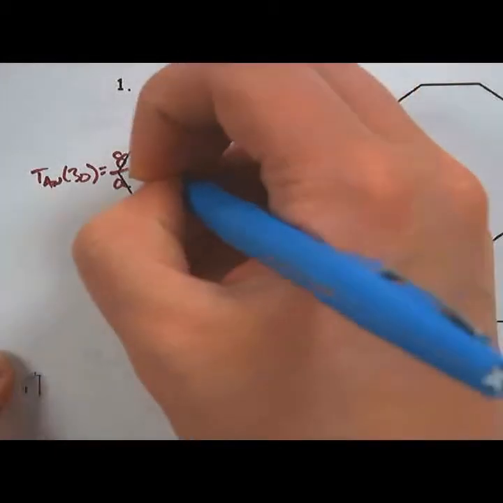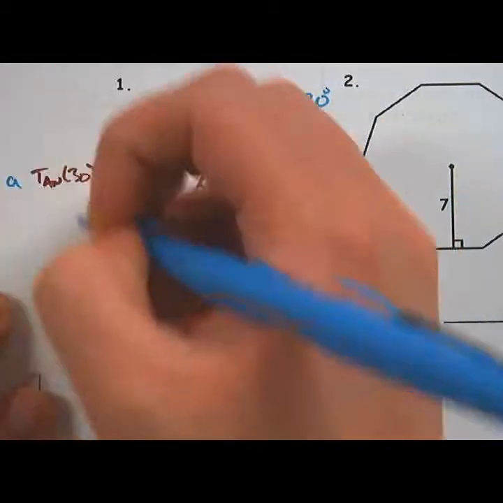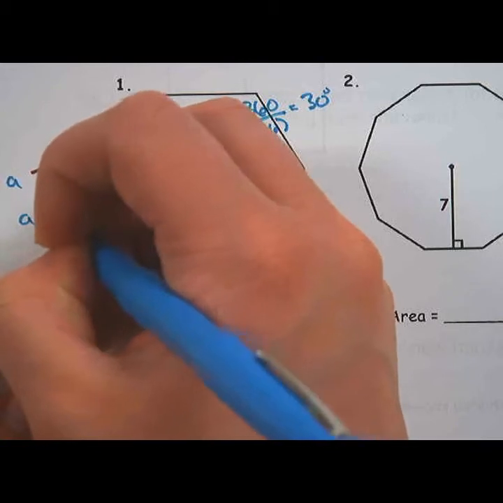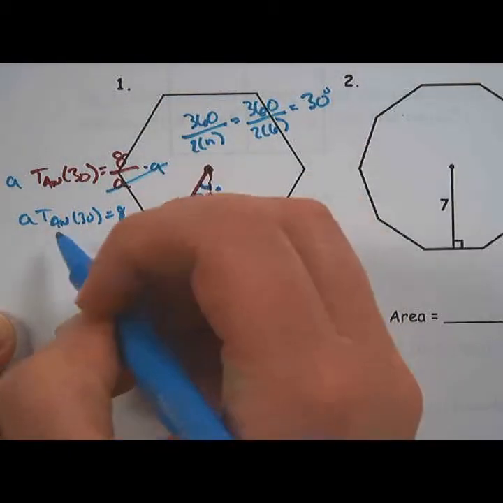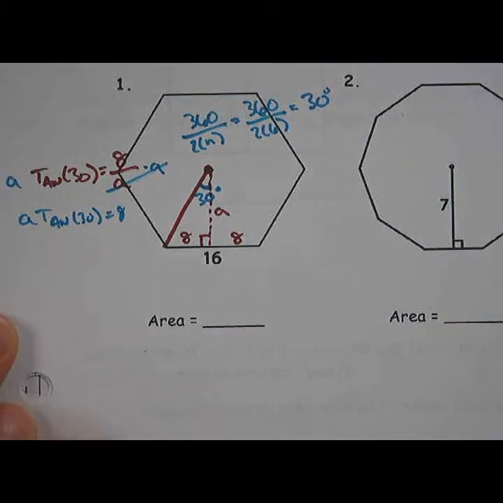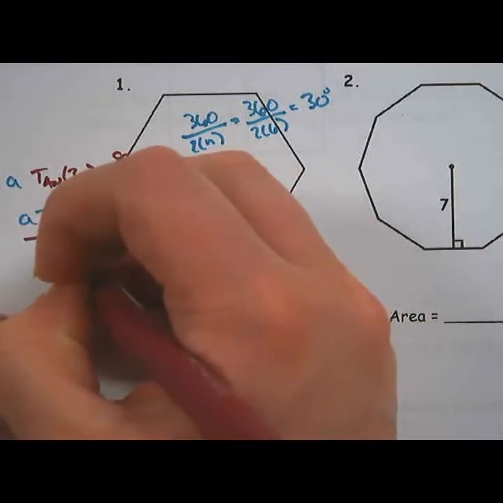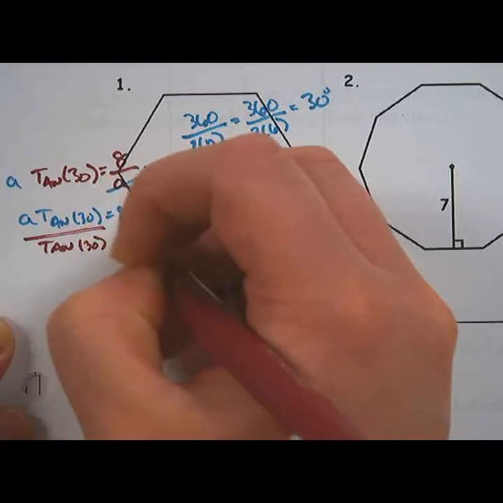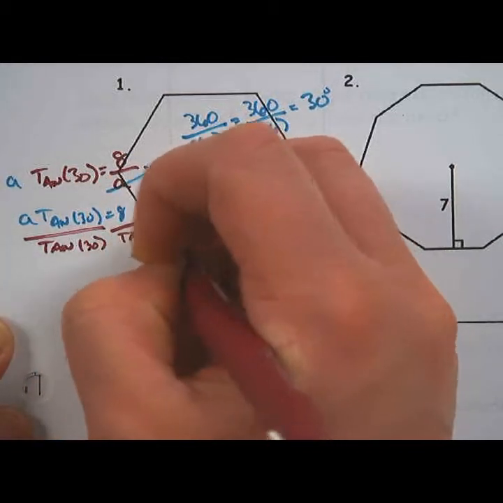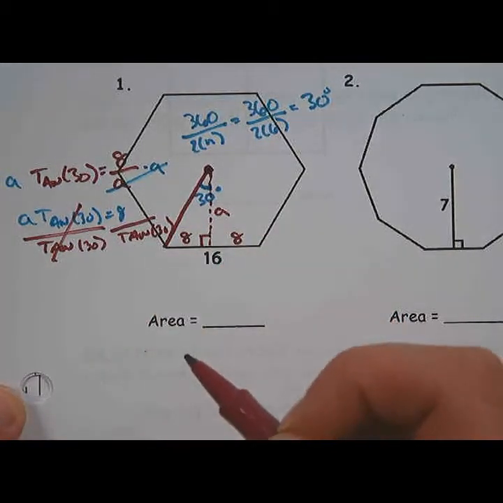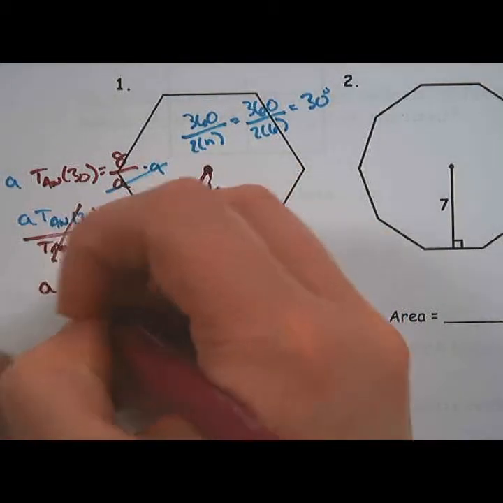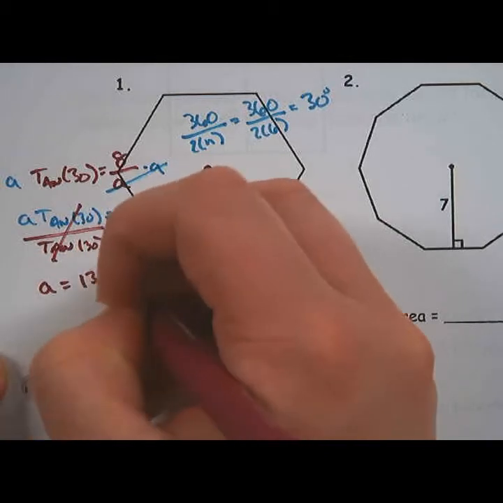Then I can multiply by a on both sides. Then I can divide by tangent of 30 on both sides. And if I do 8 divided by tangent of 30 in my calculator, we get that the apothem is 13.86.